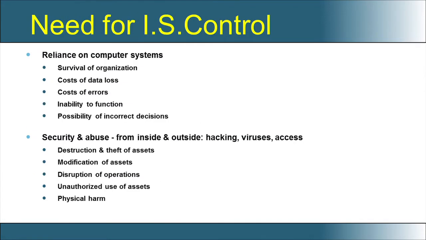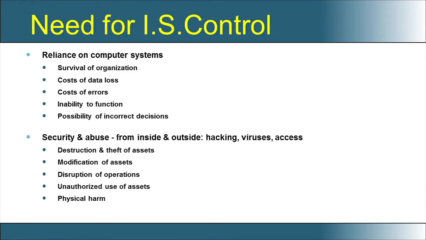Now what we need is to get confidentiality, integrity and availability in the system. And how do we get this? We need to impose some control, and this is called information security control.